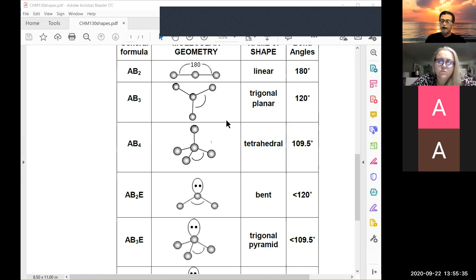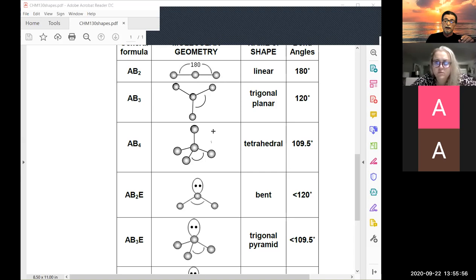Okay? The most standard bond angle that nature has is the next one, tetrahedral, 109.5. These lines right there and right there, okay, those are bonds. Those represent bonds. Those are electrons. There's two of them in each line.